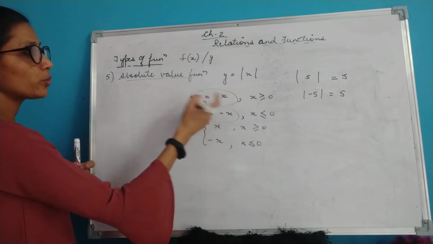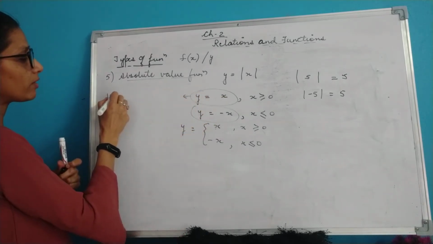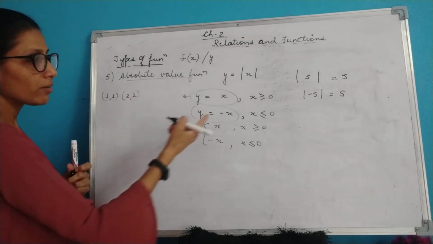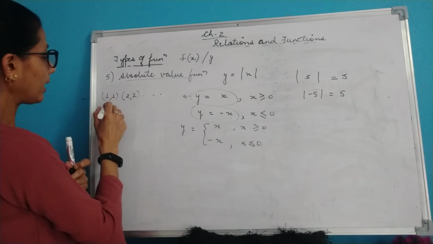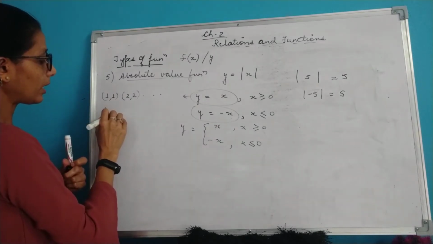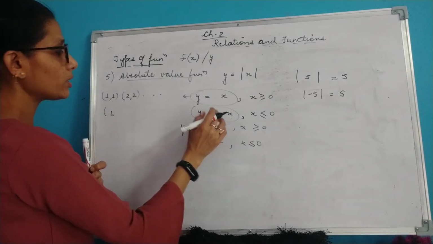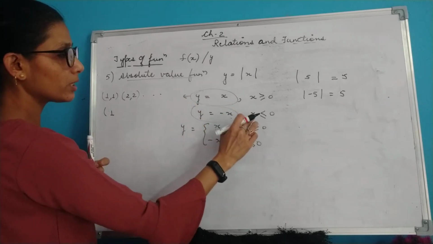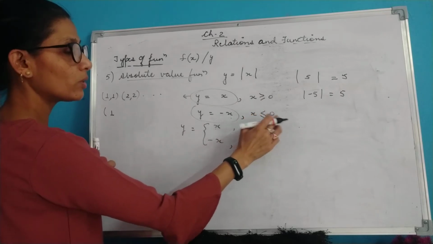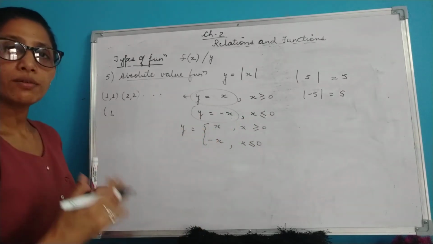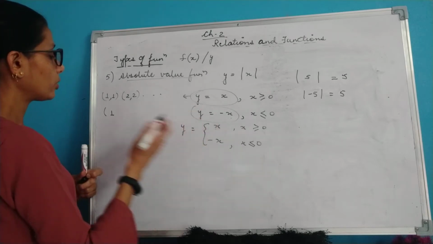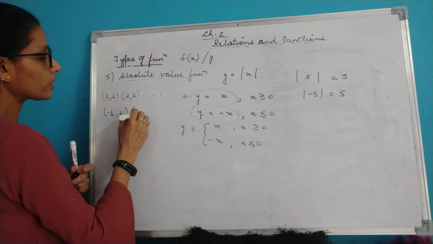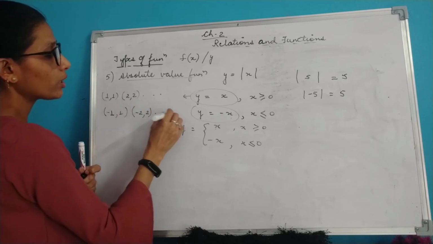That means if I put x as 1, then my y will be 1. If I put x as 2, then my y will be 2, and so on. Now say I am taking x as -1, because here x is less than or equal to 0, that means I have to consider the values which are less than 0. So if x is -1, then it will give you 1. If x is -2, then y will be 2, and so on.